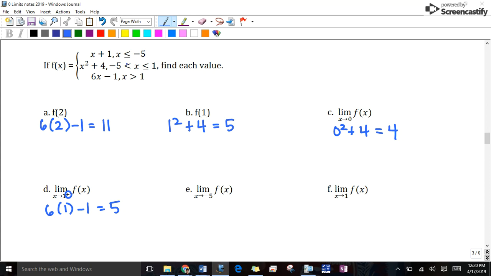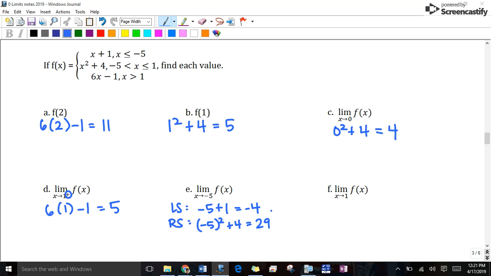So if your value lives in two different inequalities, we really need to check in both inequalities or in both pieces of our function. Okay, so I'm just going to label this. The left side would be -5 plus 1, which is -4. The right side would be the middle section, which is -5 squared plus 4, which would be 29.